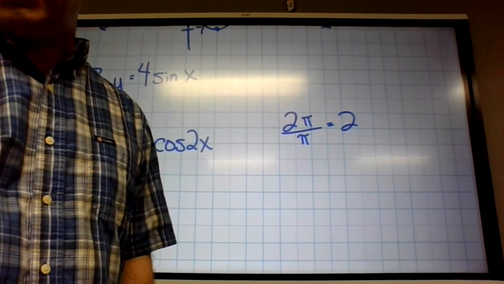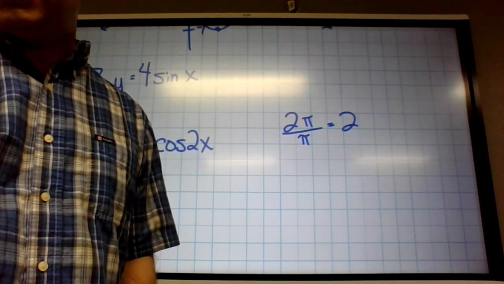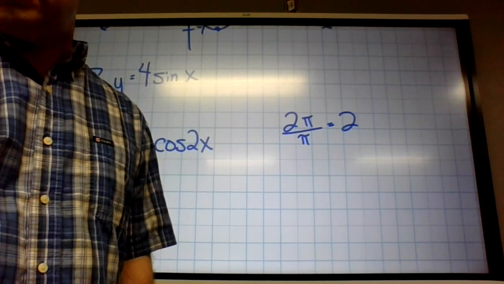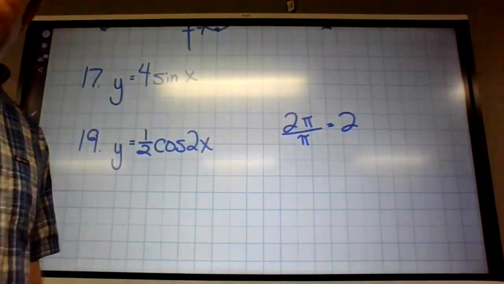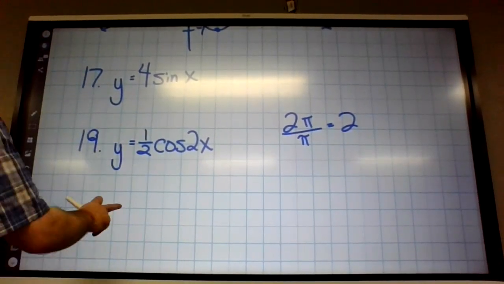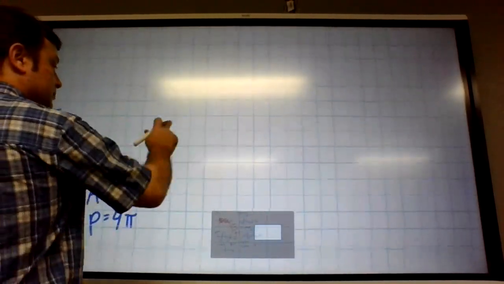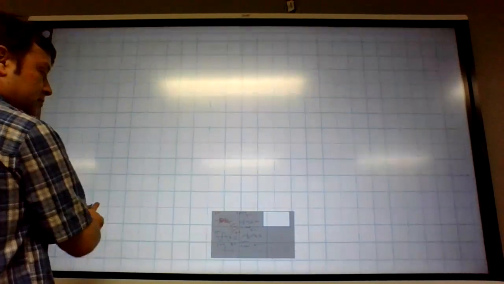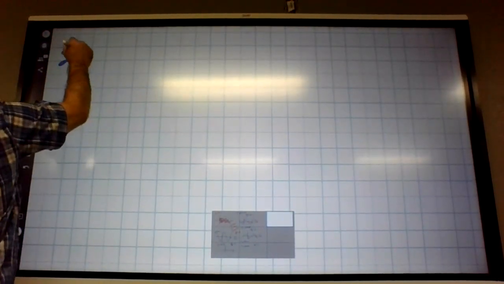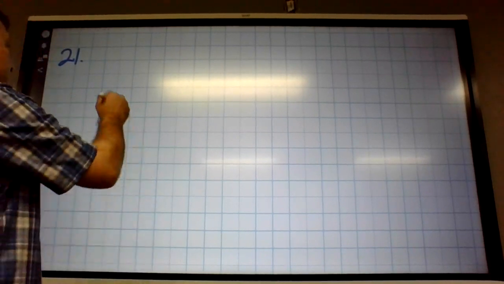Let's see. 21's kind of a repeat. Include at least one cycle, yeah. 21's a repeat of graphing again. Okay, on 21 it says y equals sine of 3x.